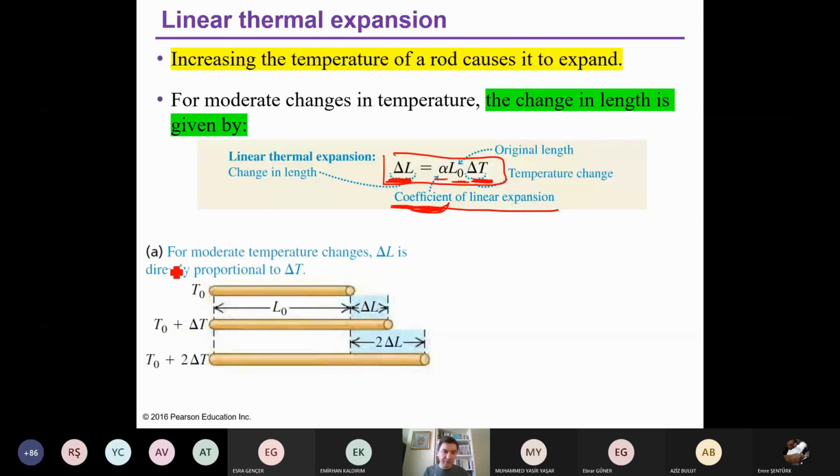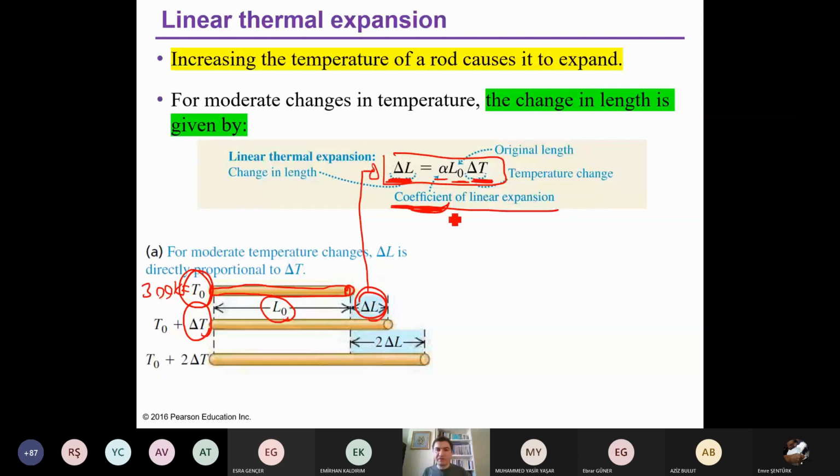Here we have an example. There is a rod here, and the length of this rod at the beginning is L0. This is the initial length, and the temperature is T0. Let's consider 300 Kelvin, room temperature. And you heat this rod and increase the temperature. Now the temperature is higher than room temperature, and we have here delta L. There is an expansion, and this delta L is given with this equation.